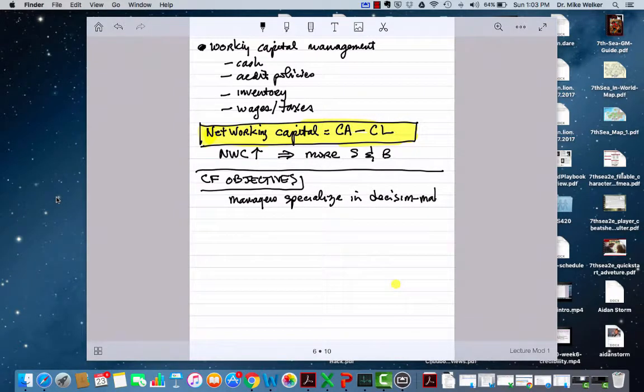They're hired by the owners to make good decisions. So you can think of the stockholders as principals, the owners of the firm. The stockholders specialize in risk bearing. Now, the stockholders are the residual owners. They get paid last.